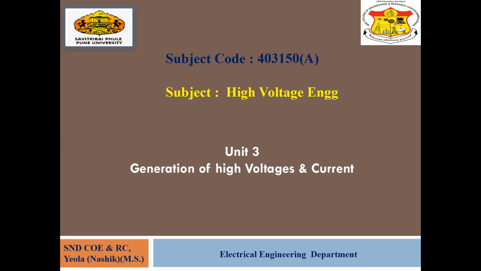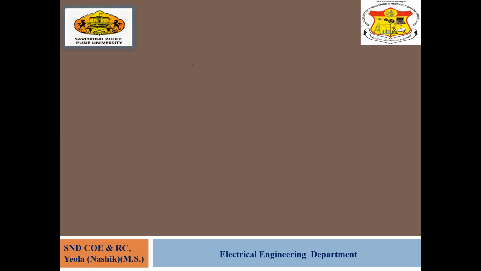What is the benefit of cascading transformers? We know that for very large voltages, it is not possible to manufacture a single unit of the transformer. It is not economical, and it is also not achievable.